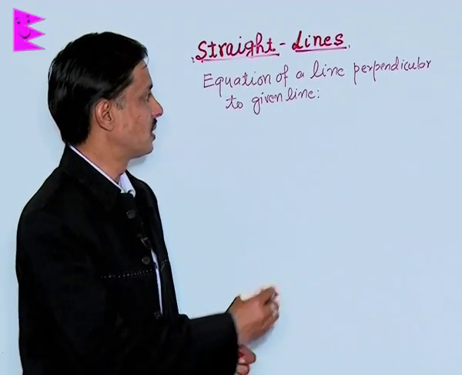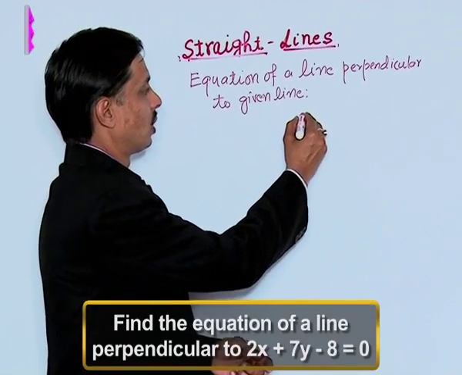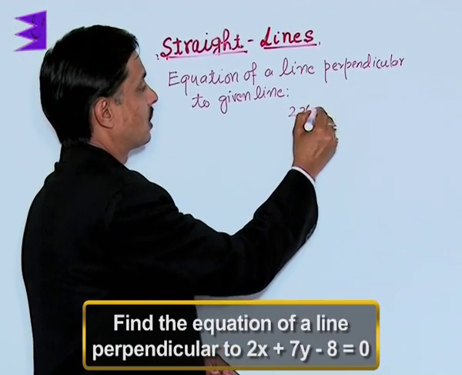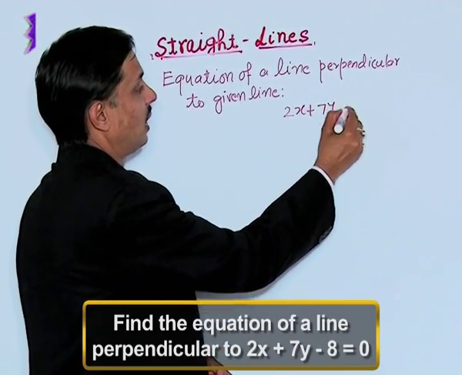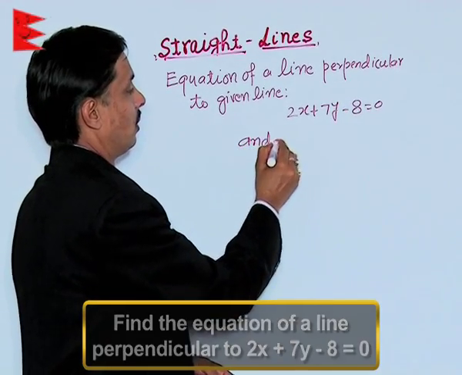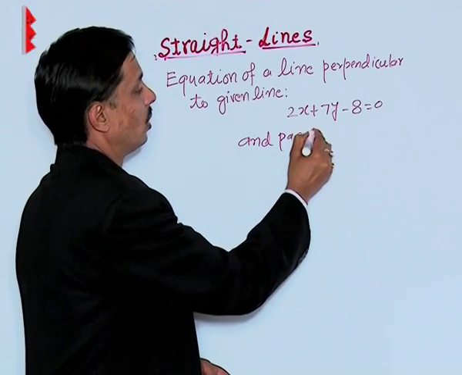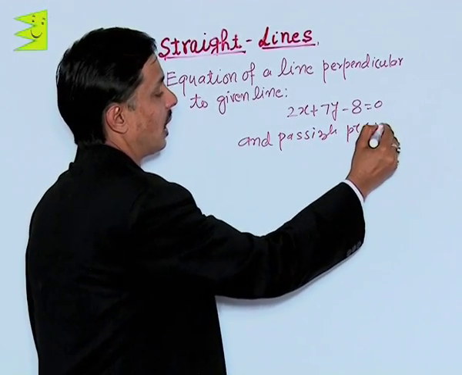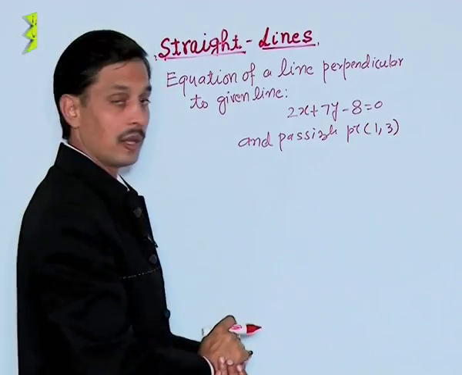Suppose the question is: find the equation of a line which is perpendicular to 2x plus 7y minus 8 is equal to 0 and passing through the point whose coordinates are (1, 3).